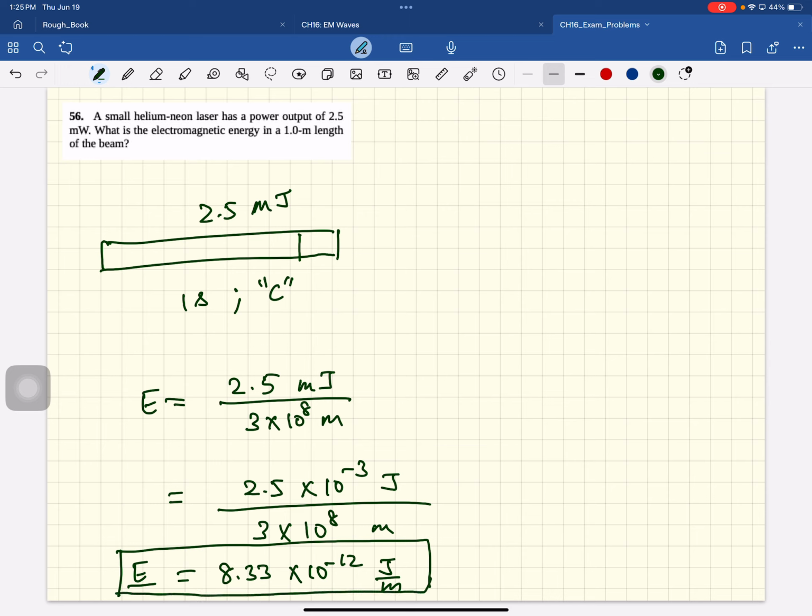So we should really say energy per unit length. Energy divided by length. So 8 times 10 to the minus 12 joules per meter. So what we calculated was you shine this laser and every meter has that much energy.